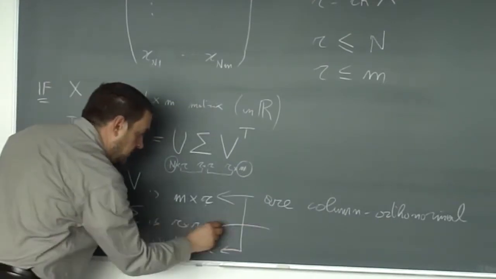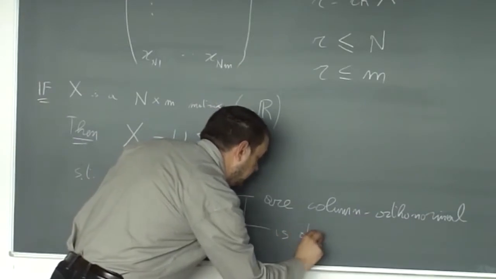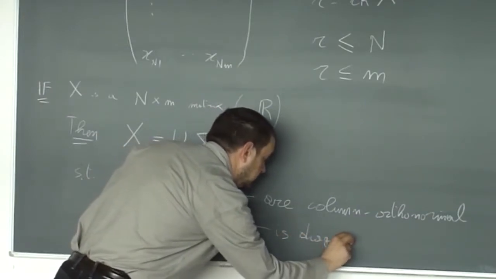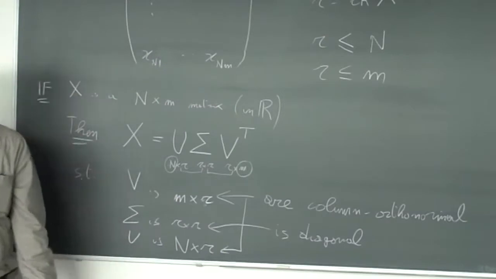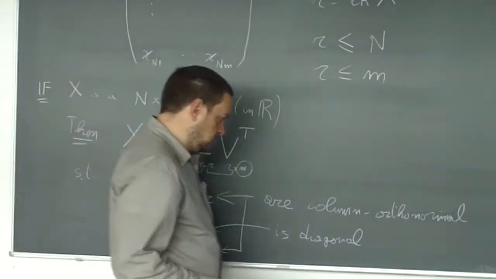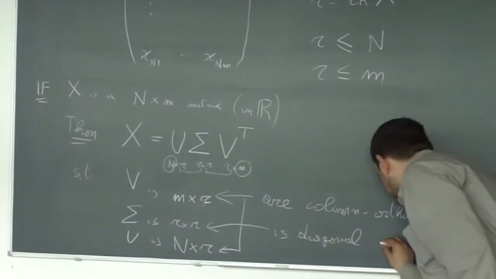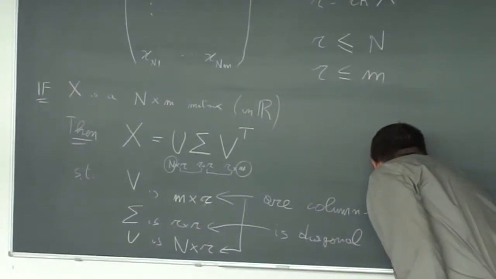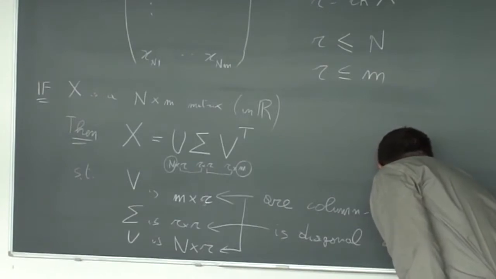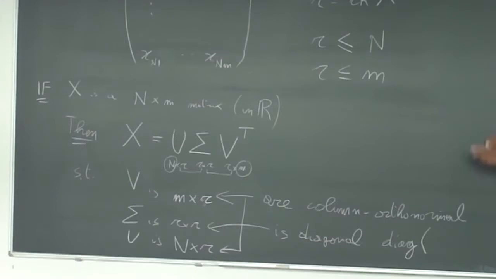And sigma is a diagonal matrix. Usually we can use this notation, diag, with the list of elements in the diagonal.